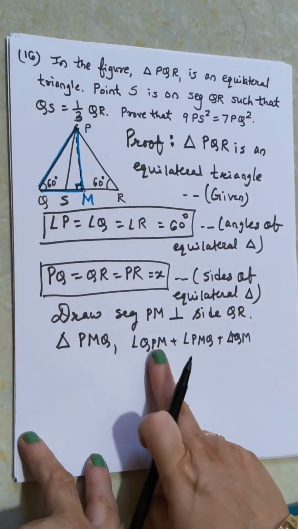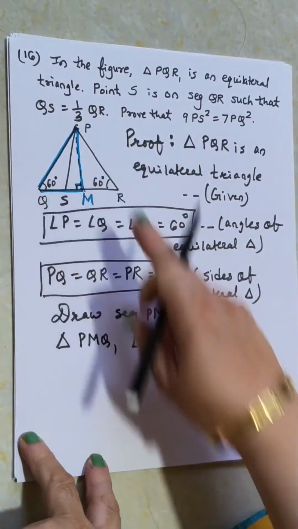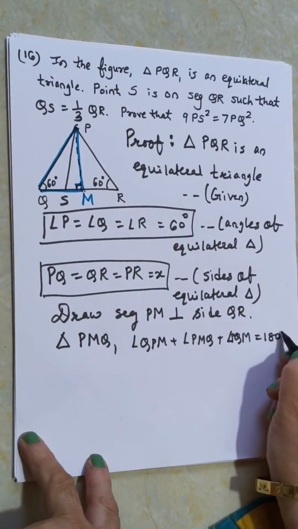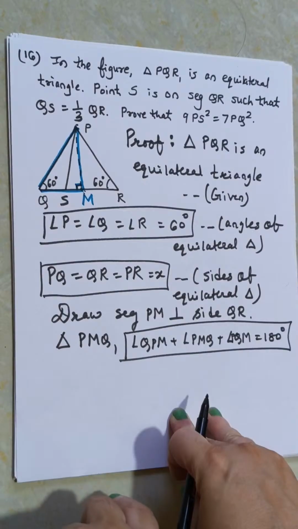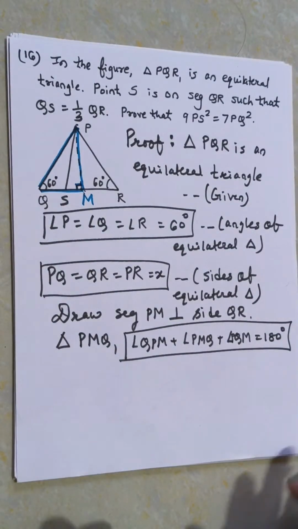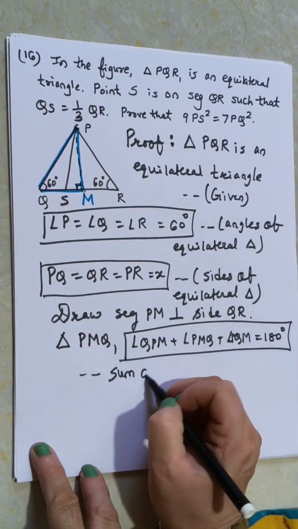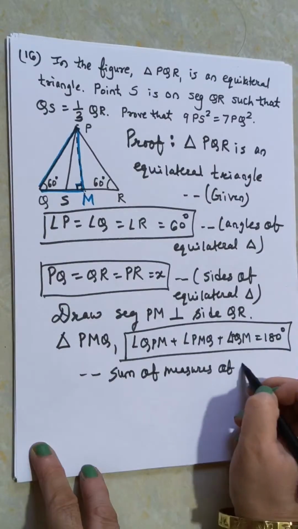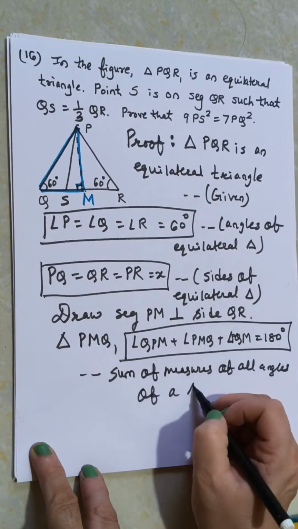See, QPM plus PMQ plus PQM is equal to 180 degree. You know why these three angles measure 180 degree? Because they are the sum of measures of all angles of a triangle.